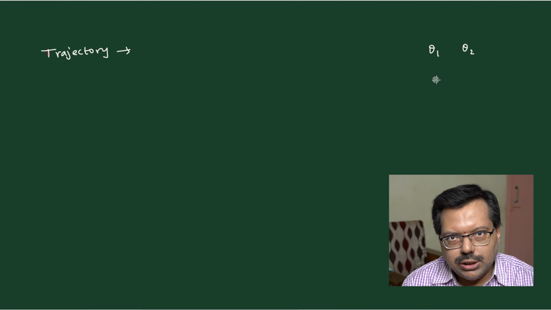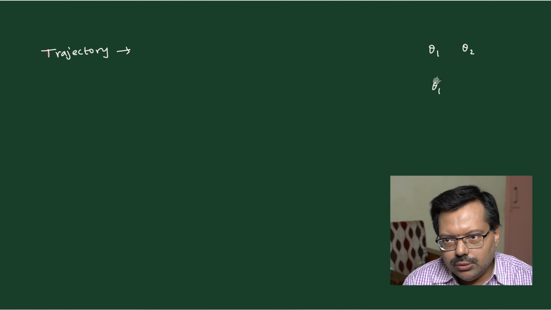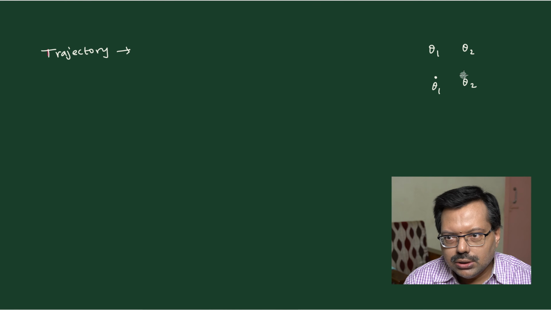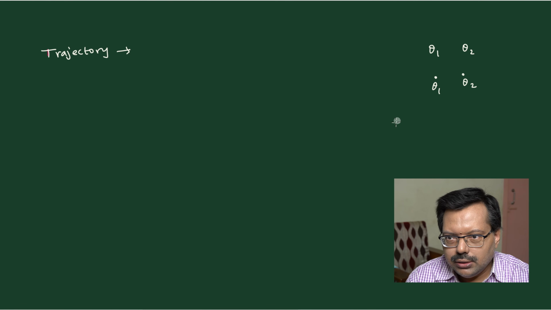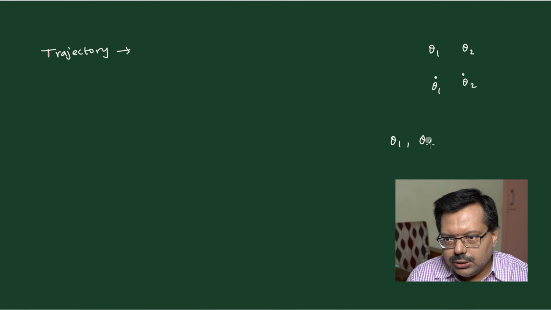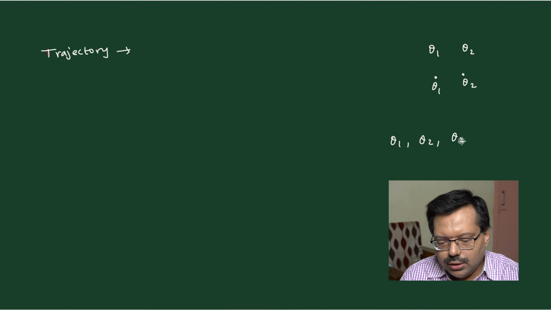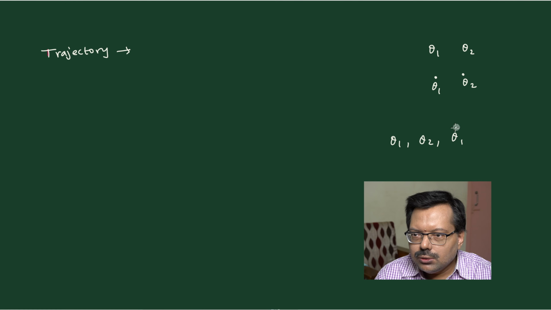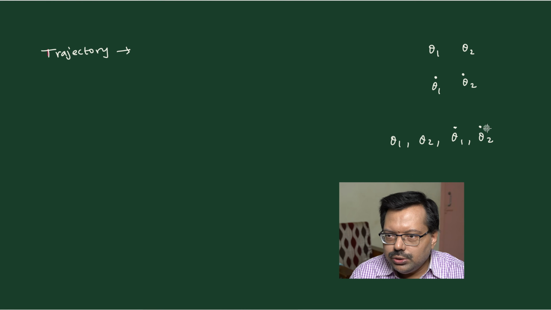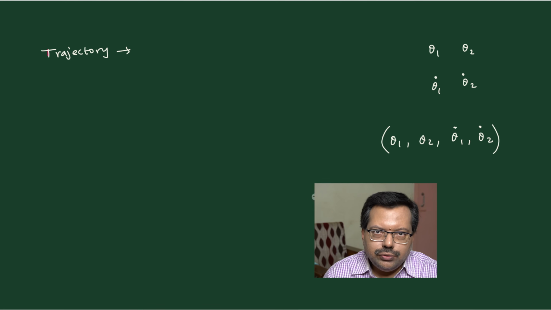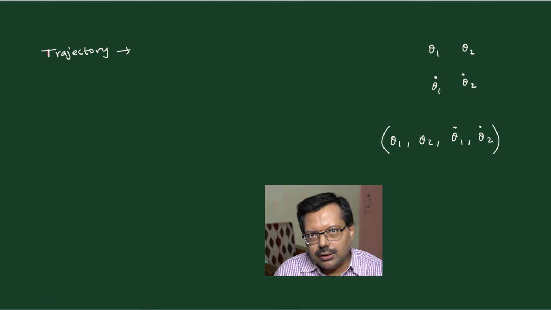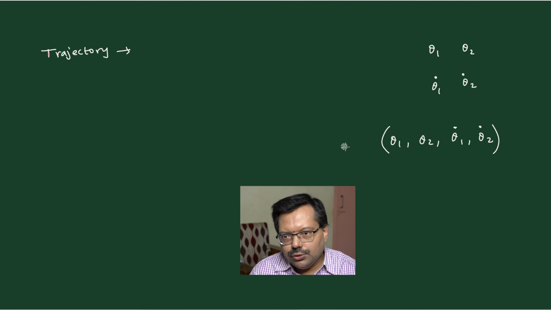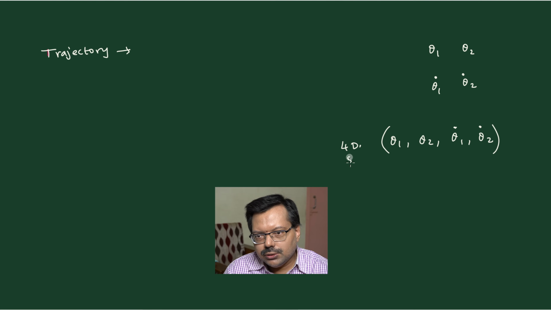And since you have theta 1 and theta 2, naturally theta 1 dot and theta 2 dot are also required. Which means theta 1, theta 2, theta 1 dot, theta 2 dot: these four variables are required in order to specify the double pendulum completely. So this is a four-dimensional situation.